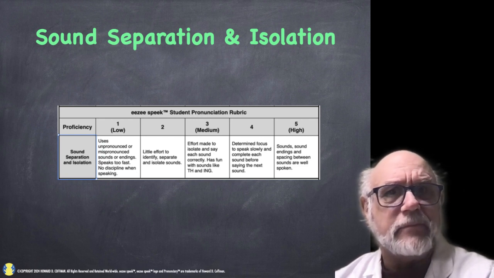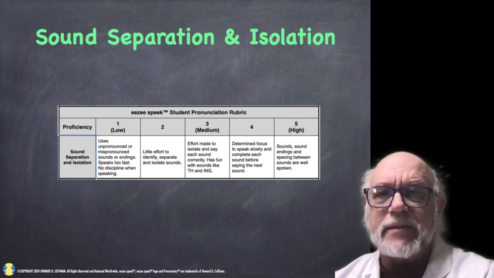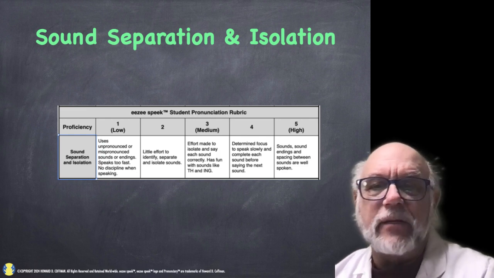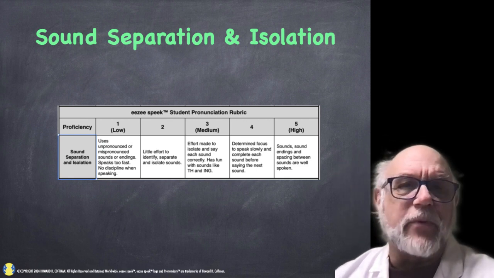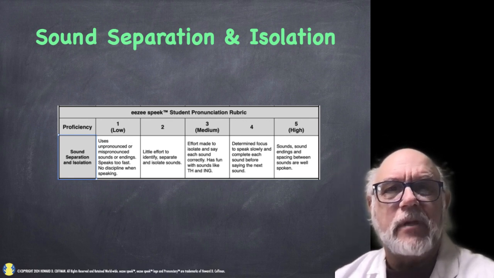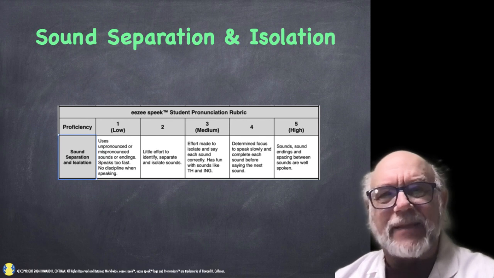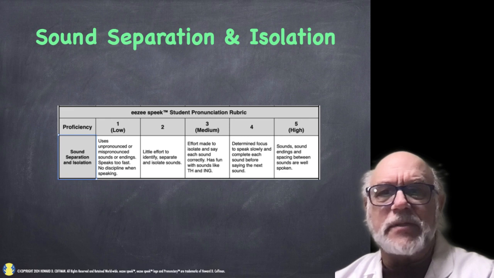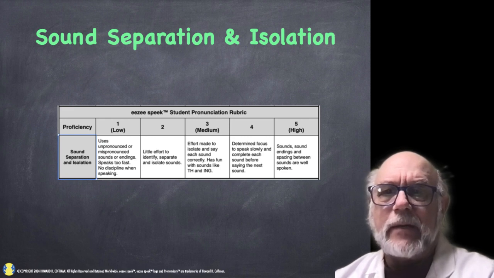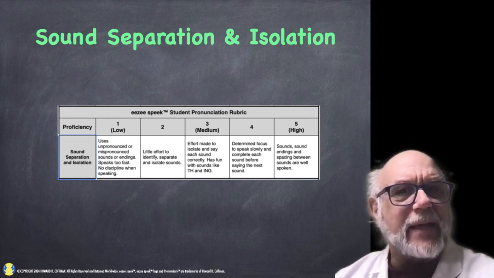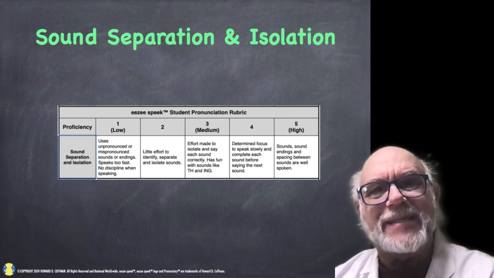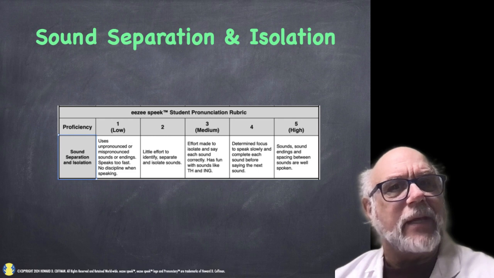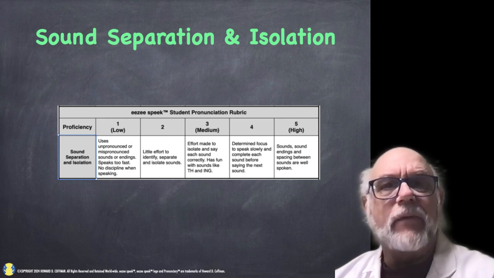The next step is that the person exercises little effort to identify, separate, and isolate sounds. Really doesn't get that identifying the sounds is the key to fixing pronunciation. Now, if someone is making an effort to make each sound complete and full and include air, wow, that's terrific.